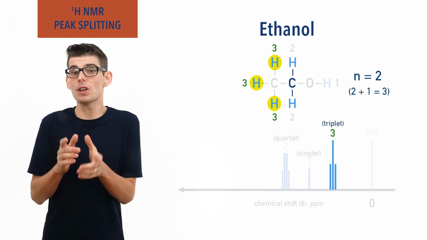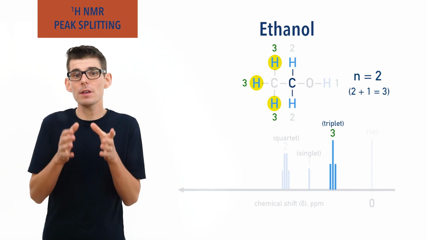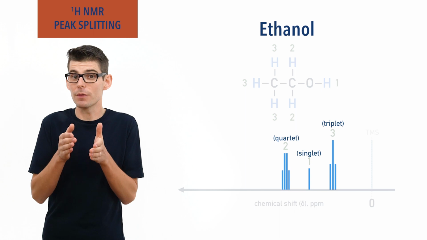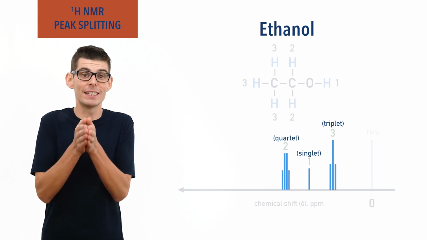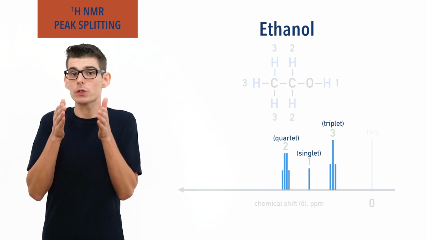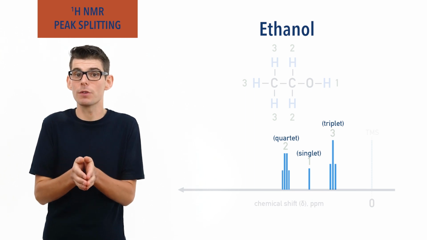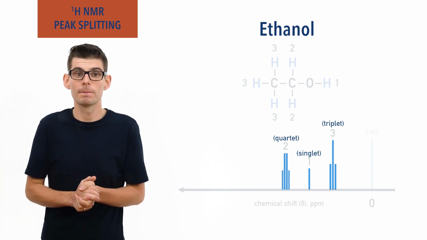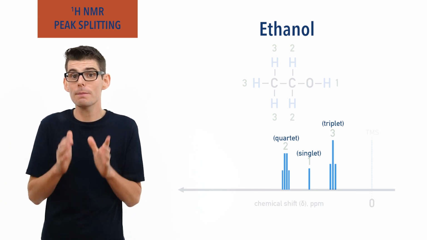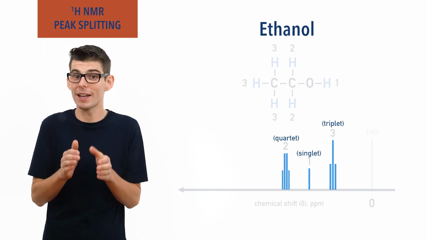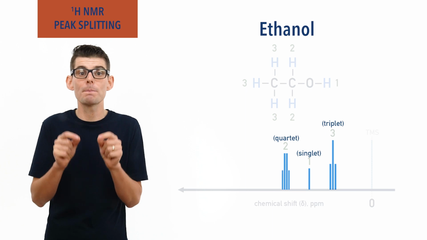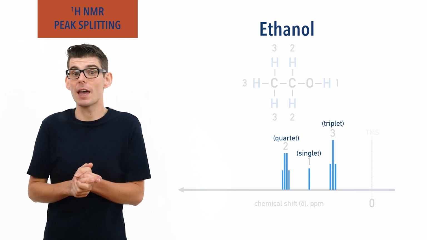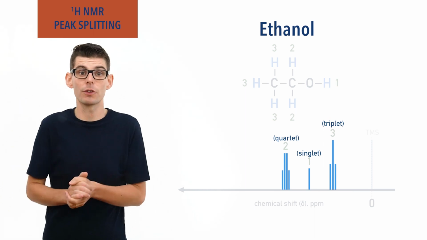Really important to notice here, however, that the number of times a peak gets split isn't based on the number of hydrogen atoms in that environment. It's based solely on the number of hydrogens bonded to adjacent non-equivalent carbon atoms. You gain no information about the number of hydrogen atoms in the environment the peaks are referring to, without using the ratio of areas under each peak in the spectra.